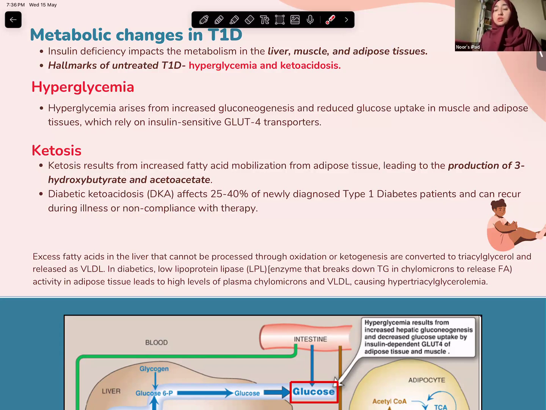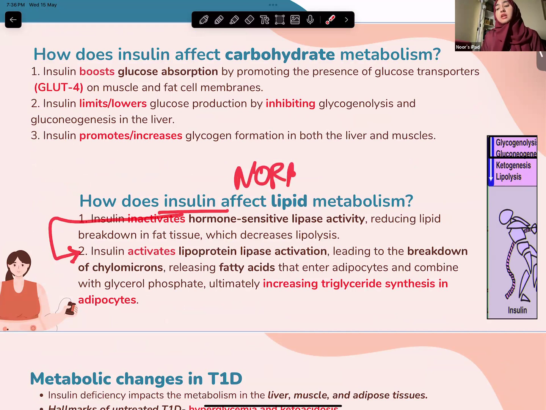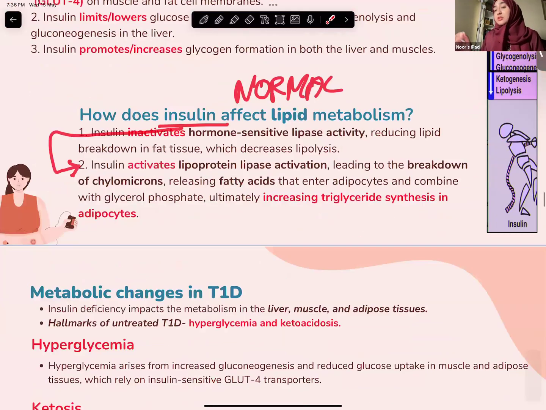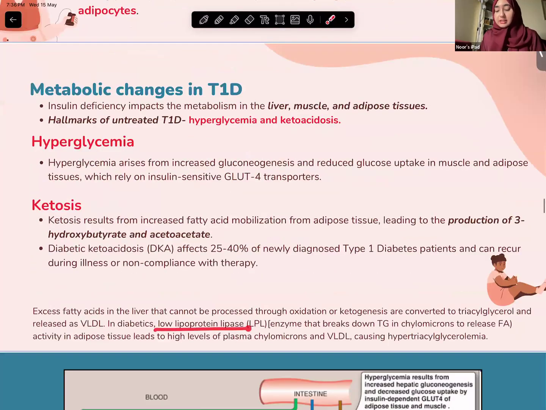Now, talking about low lipoprotein lipase, remember how I mentioned that insulin activates lipoprotein lipase, right? This is the normal function of insulin. And in type 1 diabetes, when there is no insulin, it means that there is low lipoprotein lipase activity, like I just mentioned. And because it's an enzyme in adipose tissue that breaks down lipoproteins, right?